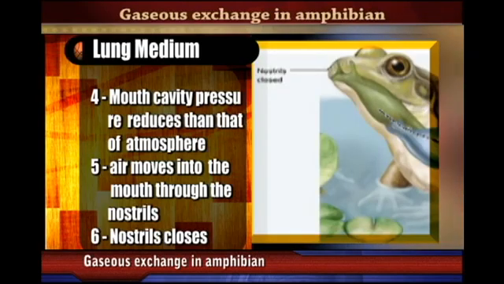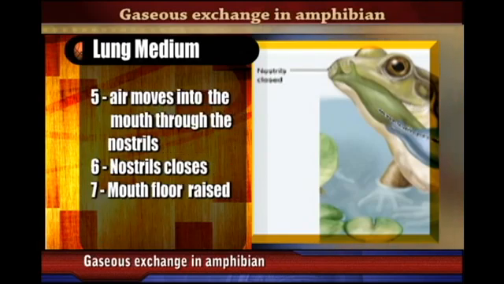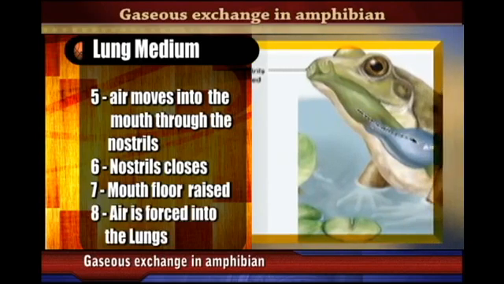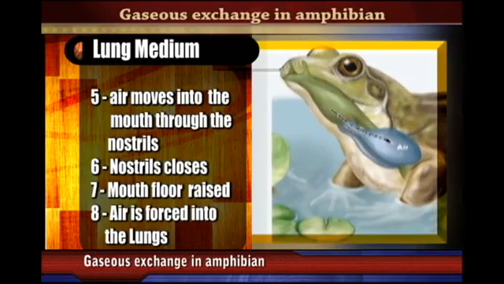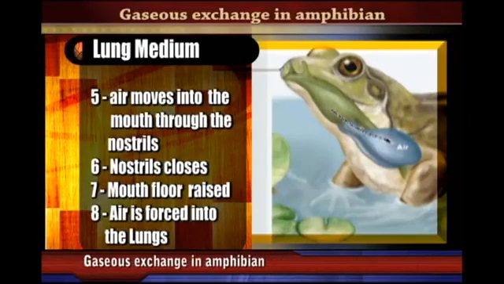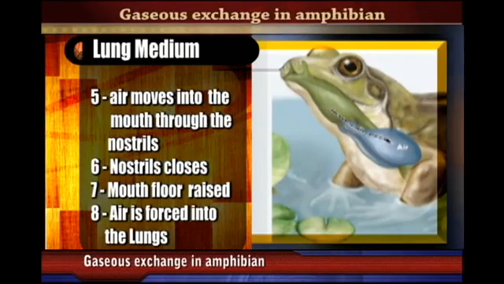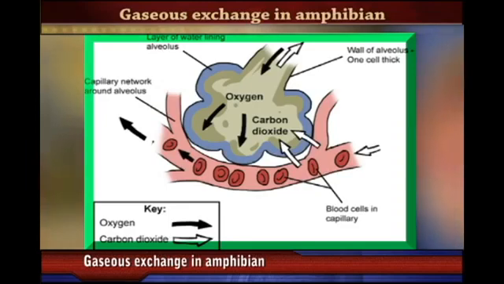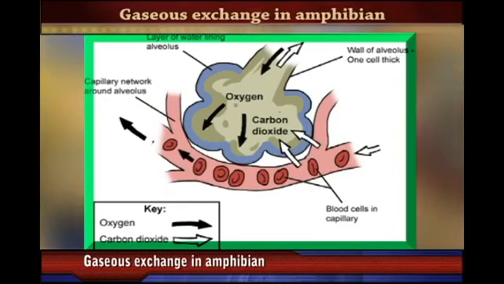When the nostrils close, the mouth floor is raised, and as the mouth floor is raised, air is forced into the lungs. When air enters into the lungs, gaseous exchange takes place between the alveoli of the lungs and the blood.